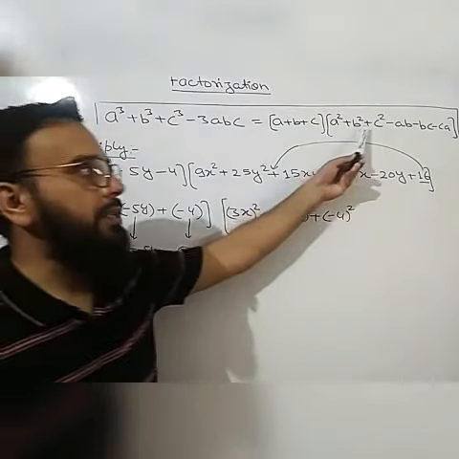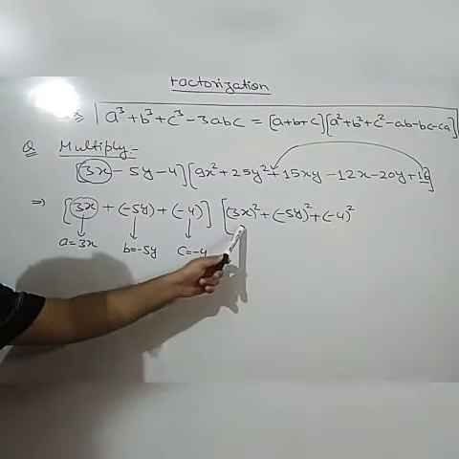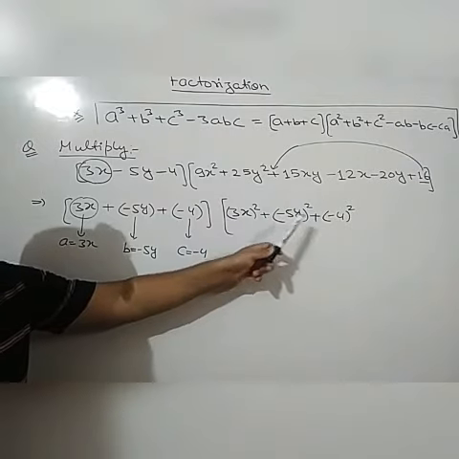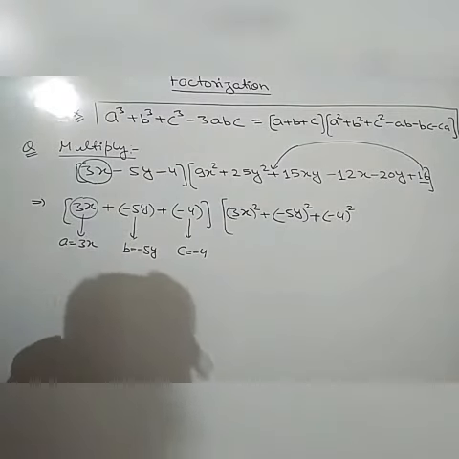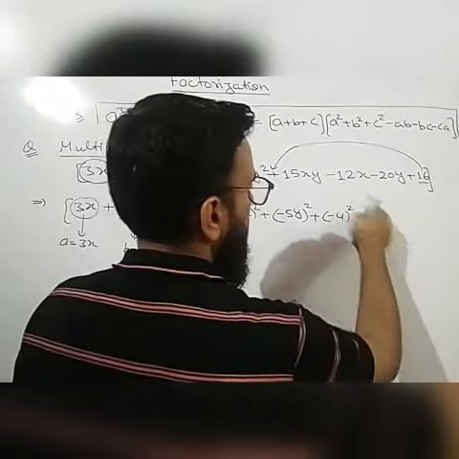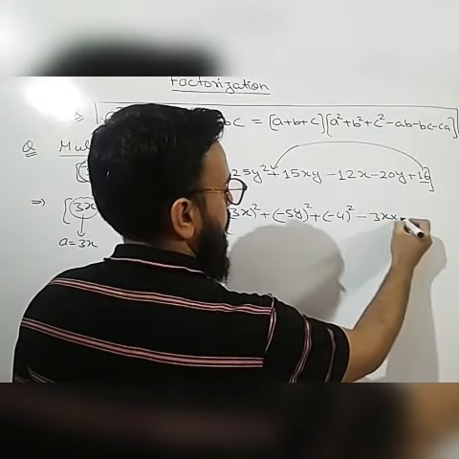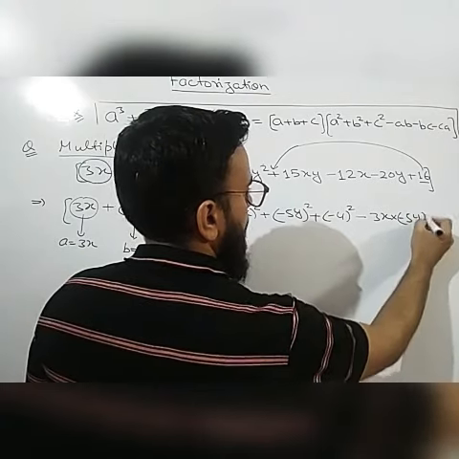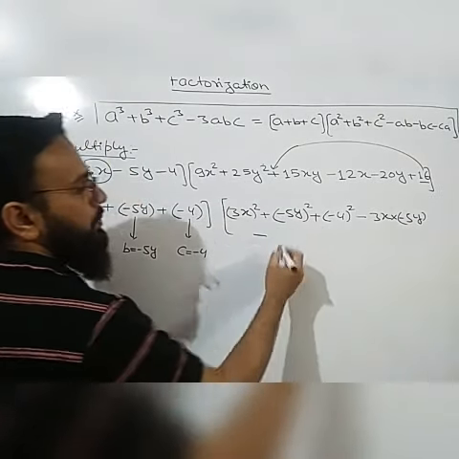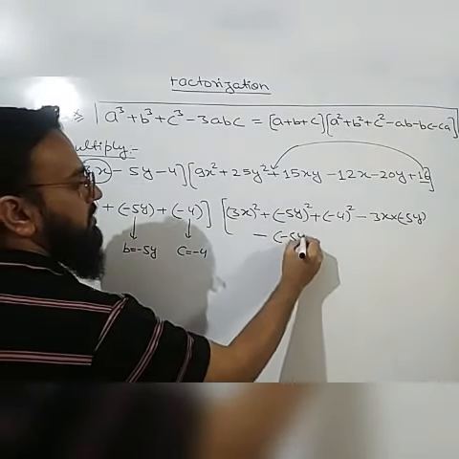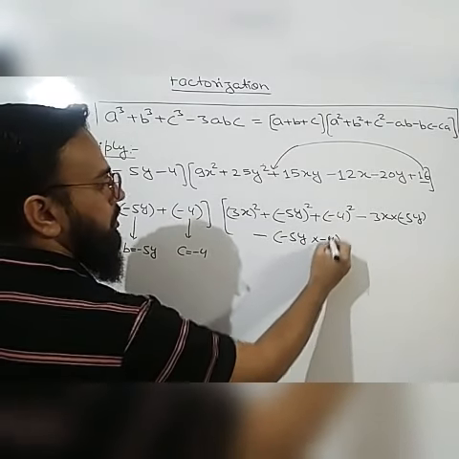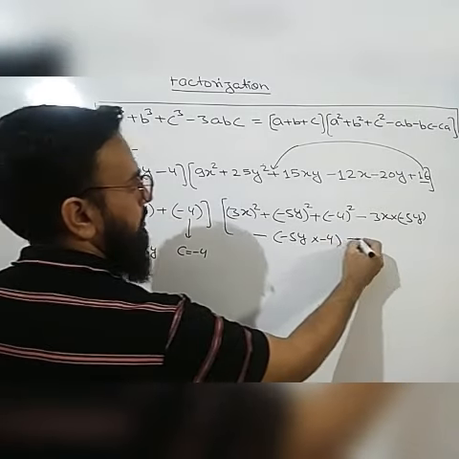A square plus b square plus c square. So it is a square plus this is b square plus this is c square. Then in bracket, what is a into b? So a is 3x into b is minus 5y. Then minus bc. It will be minus 5y into minus 4. It is b into c. Then minus ca.